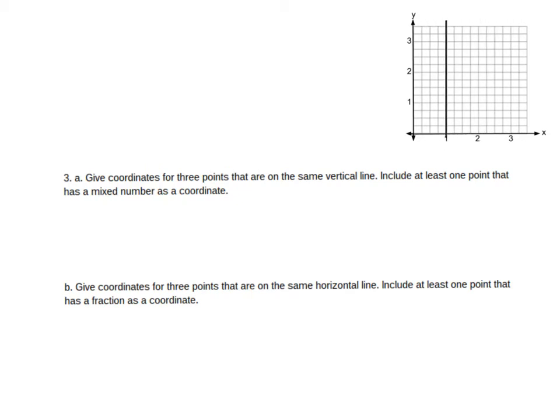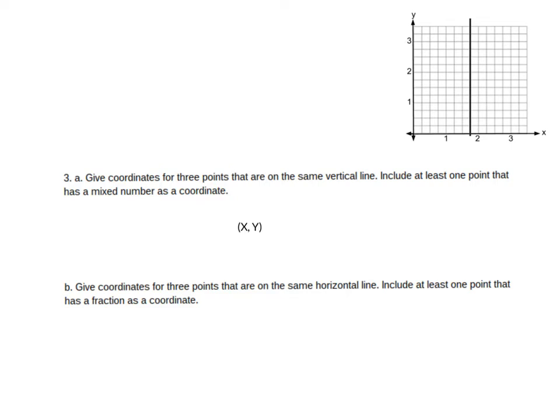So what has to be the same in order to make the line vertical? That's right, the x-coordinate has to be the same. So it has to be over 1, up 1, over 1, up 2, over 1, up 3, or over 2, or over 1 3/4. What I want you to notice for A is you may have a totally different answer than somebody else, and that doesn't mean it's wrong.